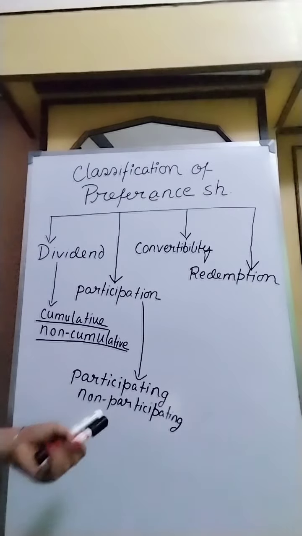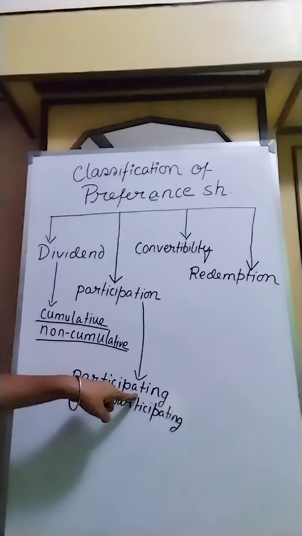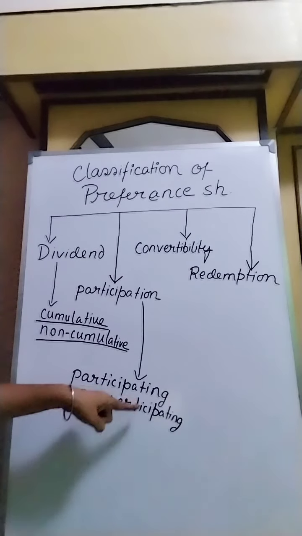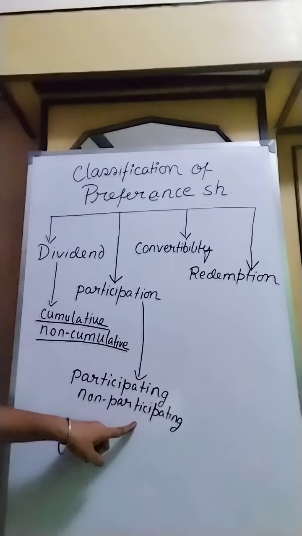The articles of association of a company may provide that after dividend has been paid to the equity shareholders, the holders of preference shares will also have a right to participate in the remaining profits. The preference shares carrying these rights are called participating preference shares. Preference shares which do not carry the right to participate in the profits remaining after the equity shareholders have been paid dividend are called non-participating.